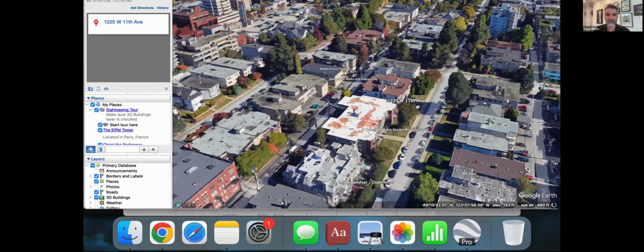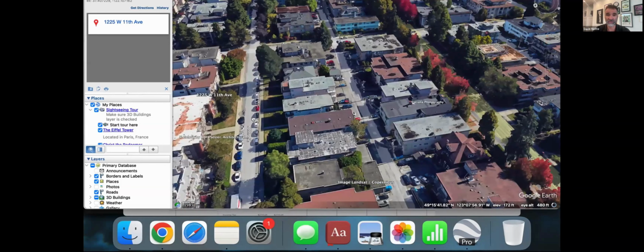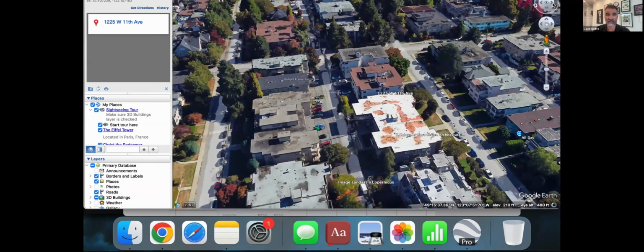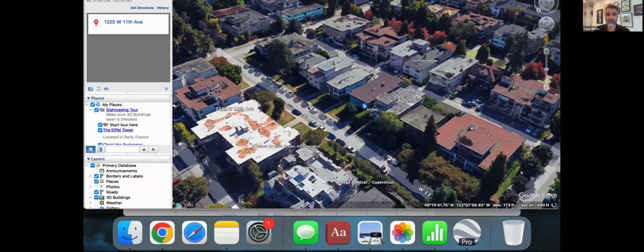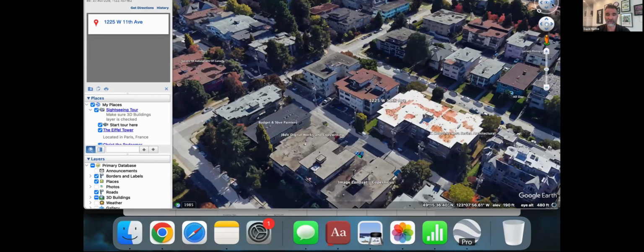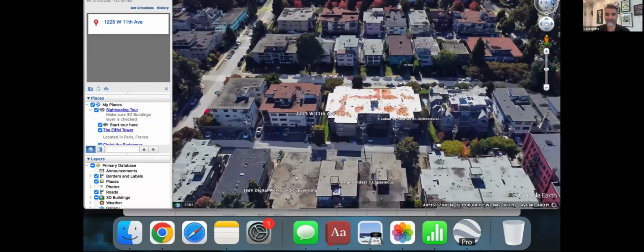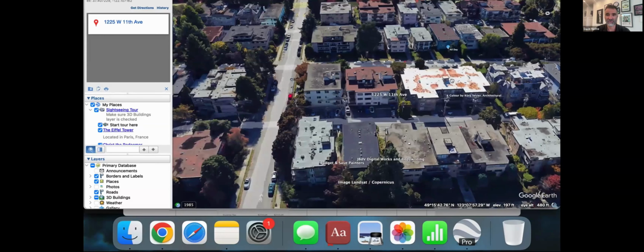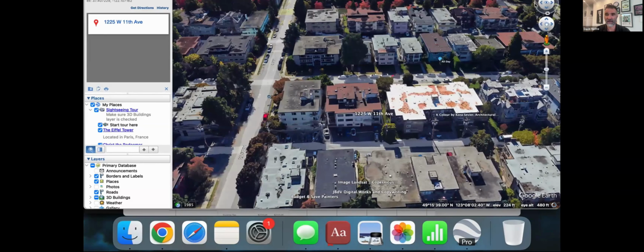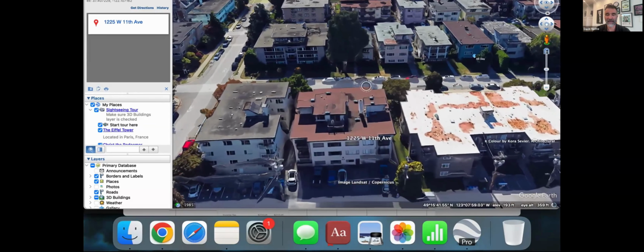Here I'm turning it around because I want to get a look at the back of the building. I position it nicely and zoom in on the back of the building. It just takes a minute, not even that in some cases. So we're looking right at the back of the building.